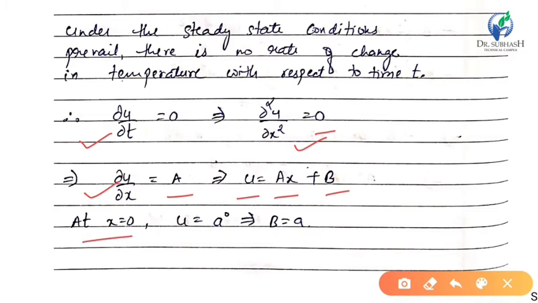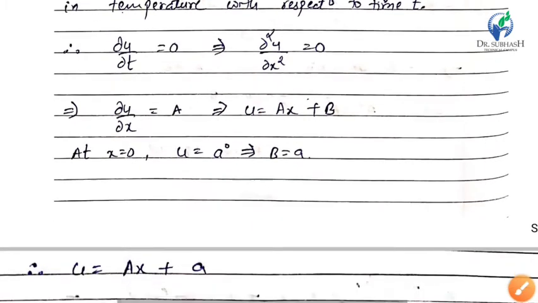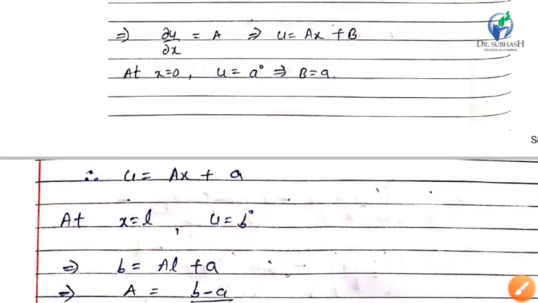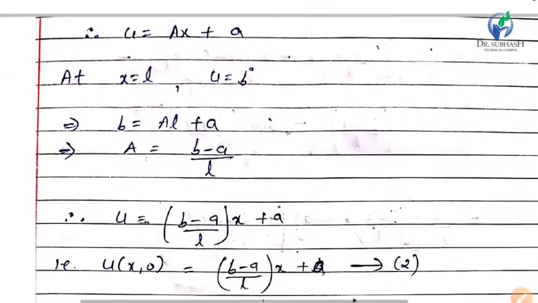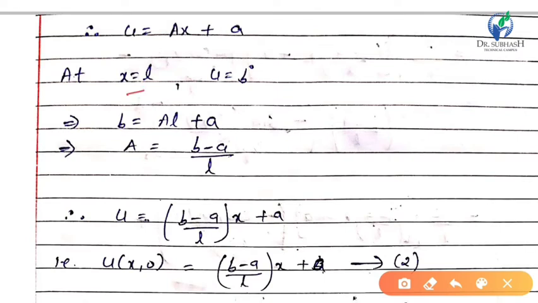Now at x equal to 0 means at starting point u is at a degree Celsius. So when I am putting here x equal to 0 and u equal to a, then I get the value of b as small a. Now when x equal to L, that means at end point, when the length is L, the temperature at end is B degree.